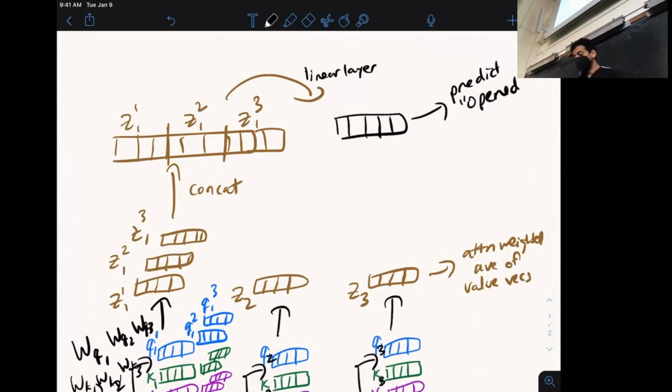So a lot of the parameters of the transformer are in this linear layer, because this concatenated vector can get quite large as I expand the number of heads. And some of these models are using, actually I think GPT-3 is like 48 or hundreds of heads or something like that. So this vector can be quite large.